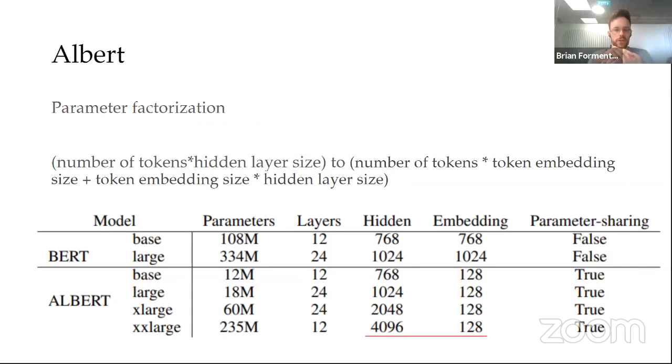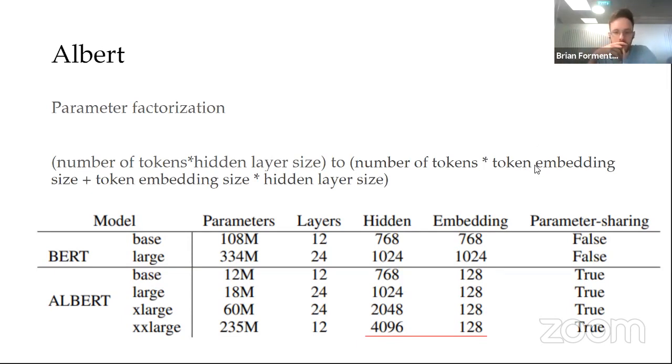And then they also introduce this idea of parameter factorization, which, to be honest, I couldn't really work out how it actually works in code. From what I understood, it could be some form of matrix factorization, where they break up the number of tokens times the hidden layer size into two different matrices, where you have an embedding in the middle.